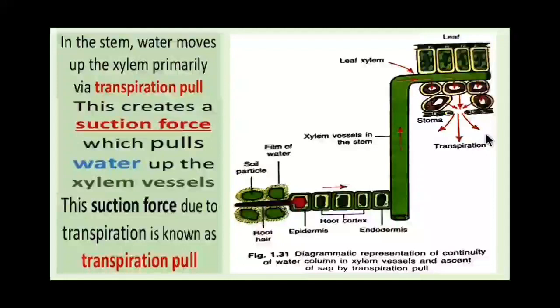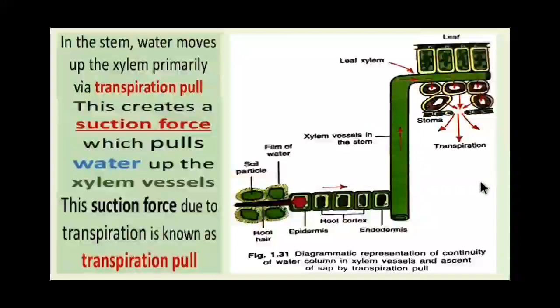Thus, the continuous evaporation of water from the cells of the leaf creates a kind of suction which pulls up water through the xylem vessels, and in this way the process of transpiration helps in the upward movement of water and dissolved material, that is minerals, from the roots to the leaf through the stem. I hope this is clear to you all.